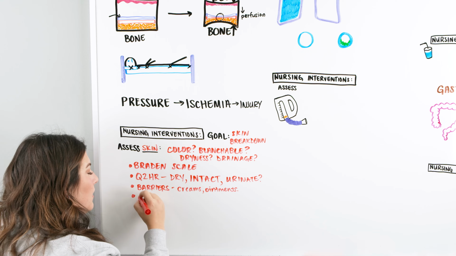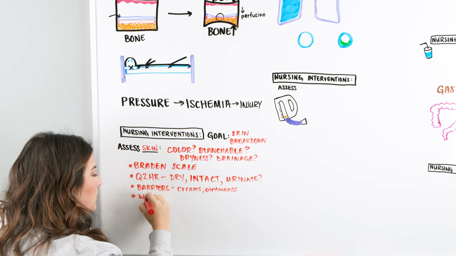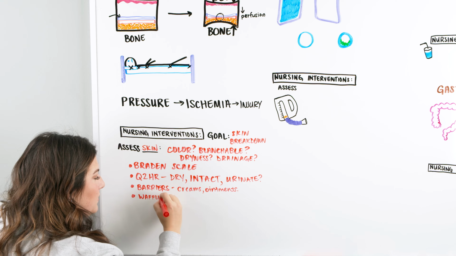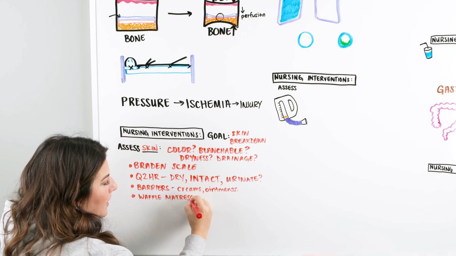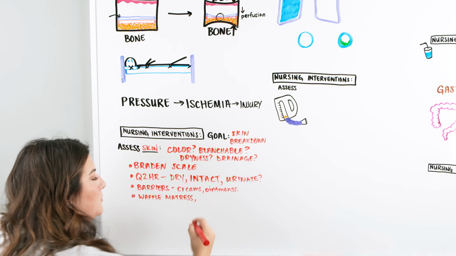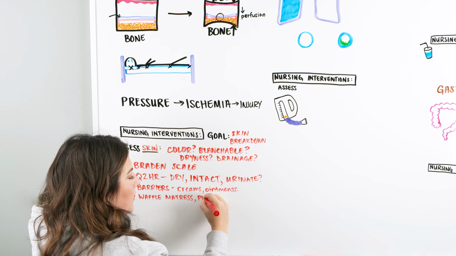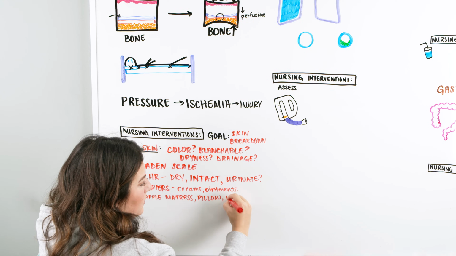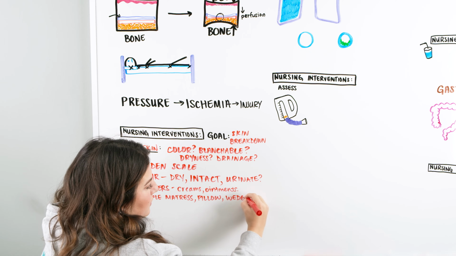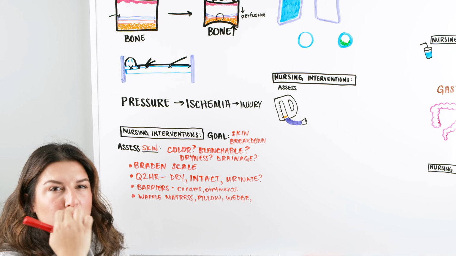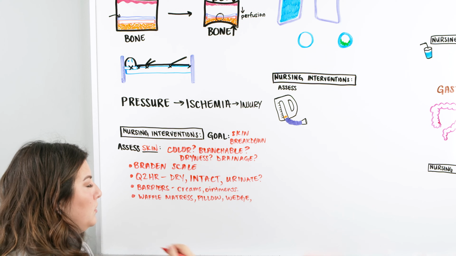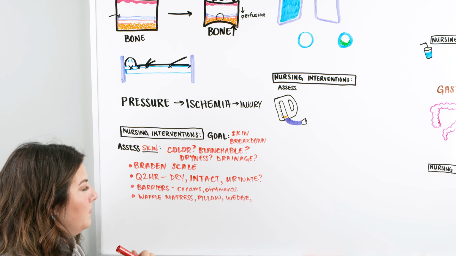So you want to start thinking of the waffle mattress you can use, or an air mattress that they have at the hospitals that allow the patient to have offset pressure. You can also think of any type of special pillow that we can use, or a wedge. You also want to check their ears if they're on oxygen. Make sure that they don't have any breakdown around their ear or anywhere on their cheeks or their nose, so you can use all those types of little padding that we can put in.